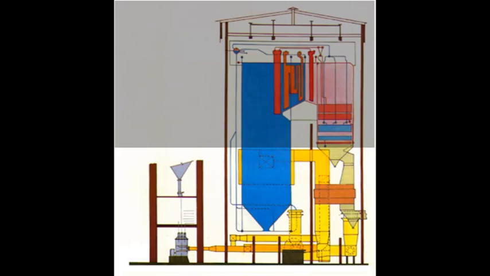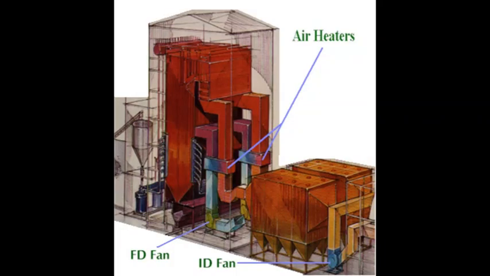Now, this flue gas which is passing through the boiler, in the air flue gas circuit we have some arrangement which is used as air preheating arrangement, and this air preheater preheats the air so that, as we know, coal is hygroscopic in nature, so we need to dry the coal.